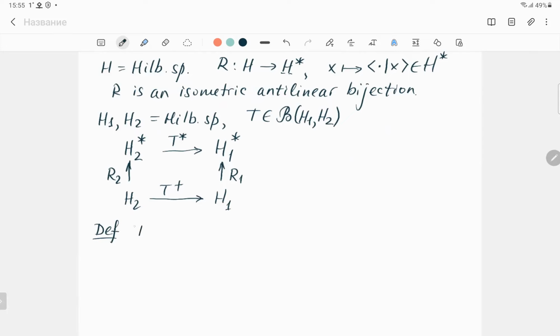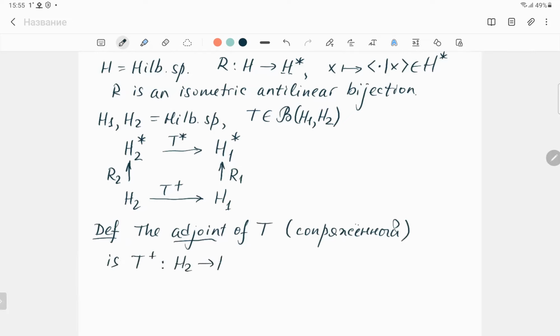By definition, the adjoint of T, in Russian, сопряженный оператор, is a map T plus, which acts from H2 to H1.